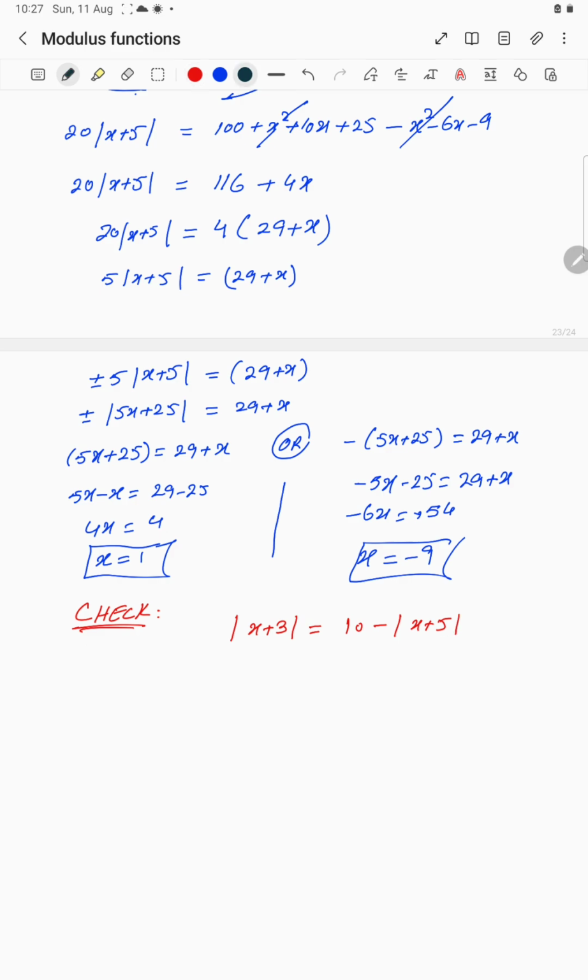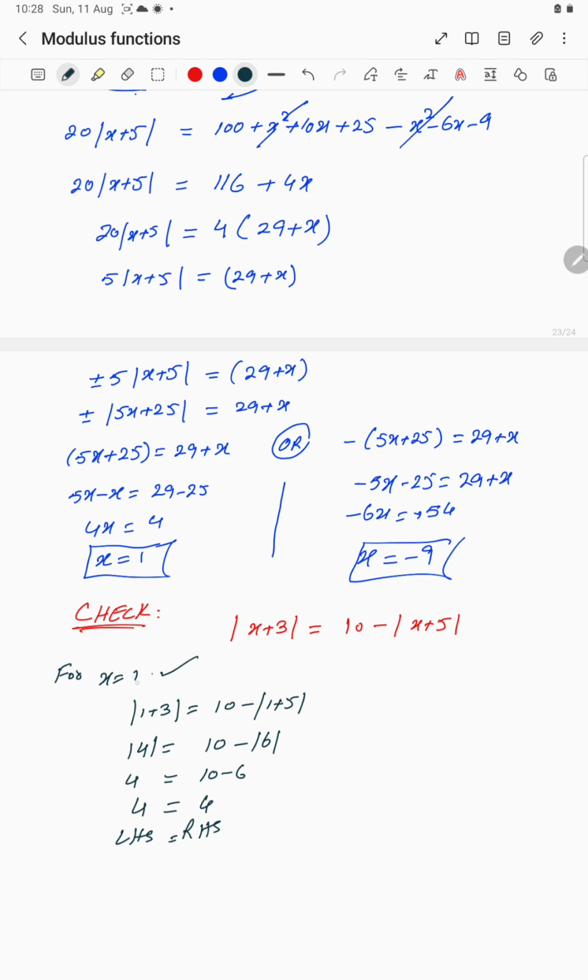One by one, for x equal to 1, we have |1 + 3|, 10 minus |1 + 5|, that is |4| equal to 10 minus 6, so 4 is equal to 4. So the left hand side equals the right hand side, so x equal to 1 is one of the true solutions for the given question.